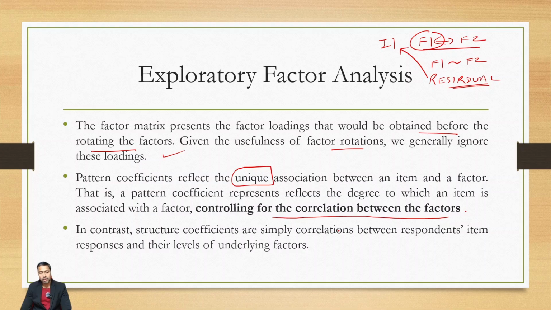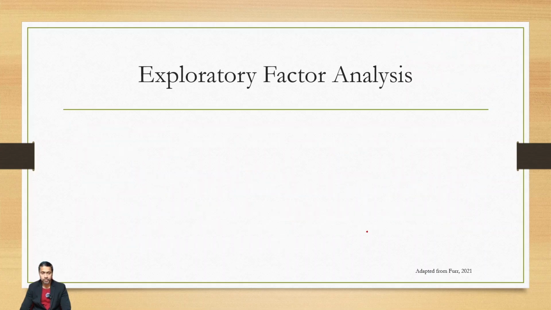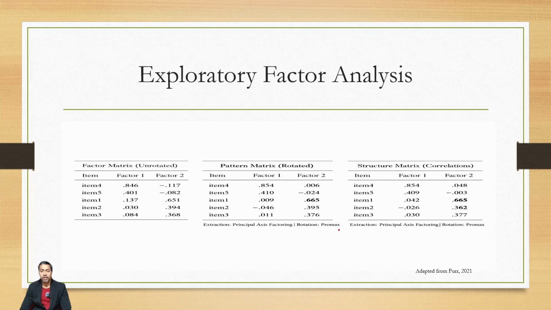In contrast, structure coefficients are simple correlations between a respondent's item and their level of the underlying factors, that is, there is no control for the correlation between the factors. So this is an example. The software will give you all three outputs. These two are both rotated. This one needs to be ignored.